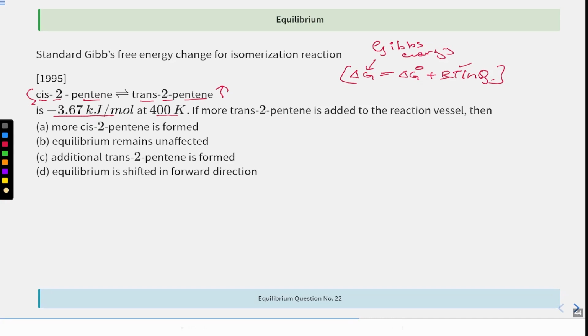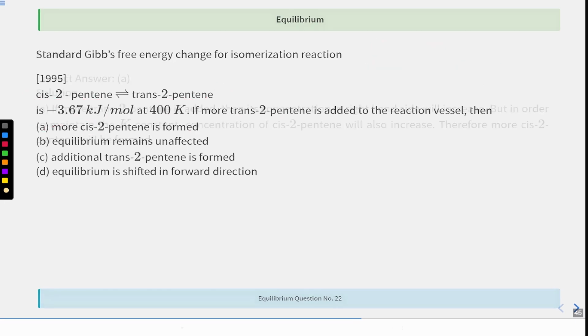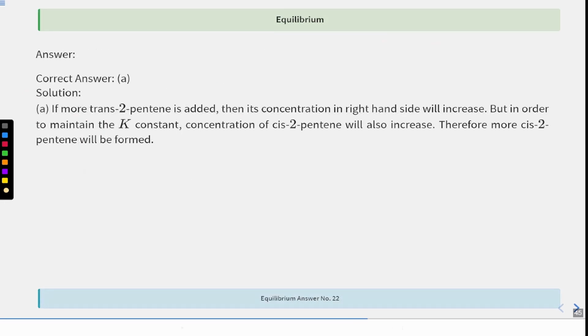That is what I discussed at the start of the class also. If the reaction is going in the backward direction, that means more cis-2-pentene will be formed, and that is going to be our option. So this is just a detailed explanation of what we told.